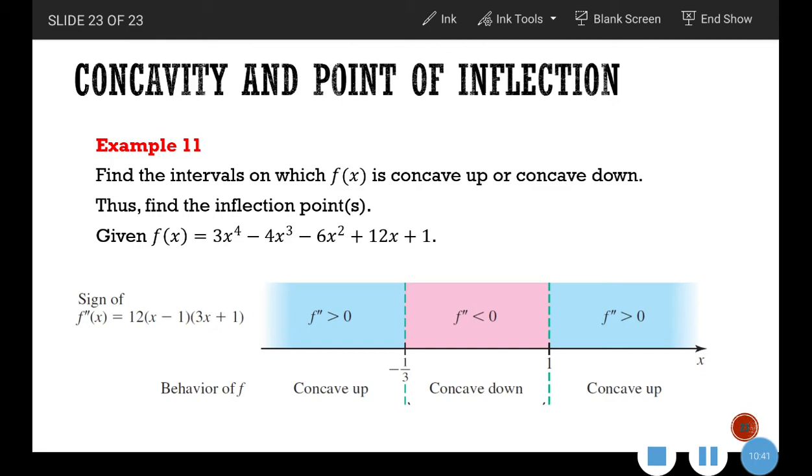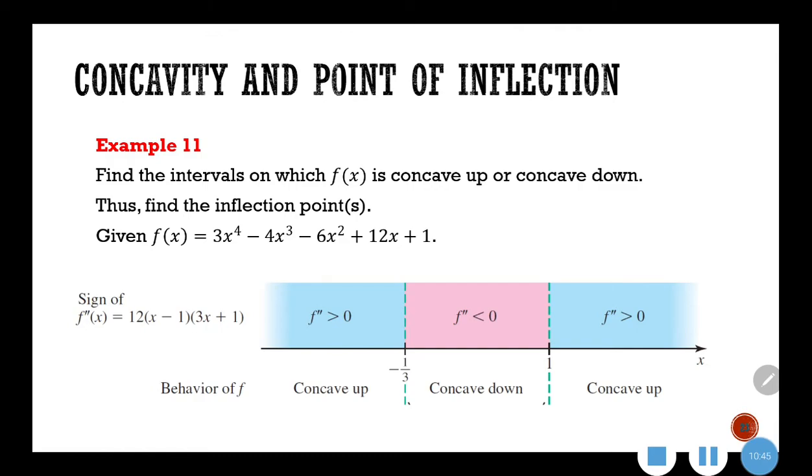So given to us this function f(x) equals 3x to the power of 4 minus 4x cubed minus 6x squared plus 12x plus 1. Sebenarnya soalan ni saya dah solve, jawapan dah ada kat situ, tapi tak apalah, kita differentiate lagi sekali. So f prime x, differentiate: 12x cubed minus 12x squared minus 12x plus 12.